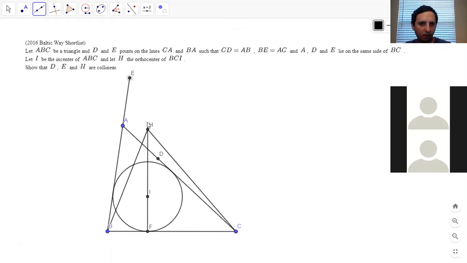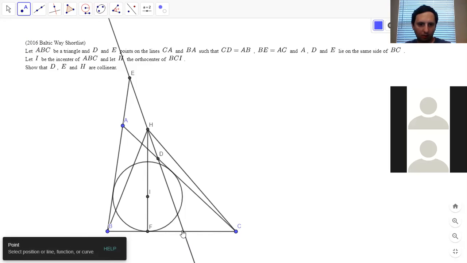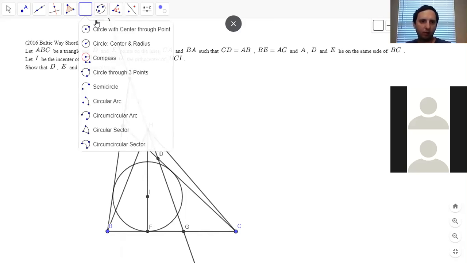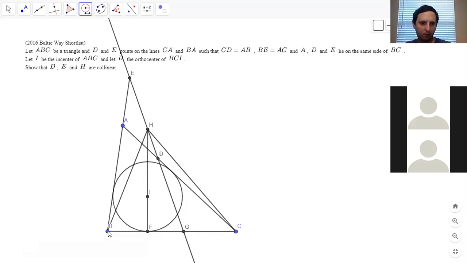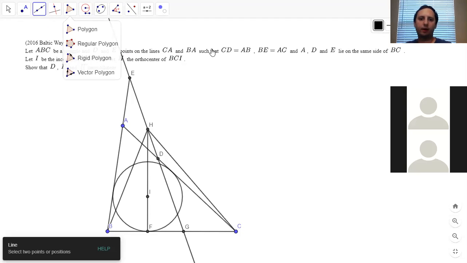Could be. Maybe. I wonder if BF is equal to CG. Let's check that. No, that's not true. Is DE parallel to AI? Yeah, DE is parallel to AI.